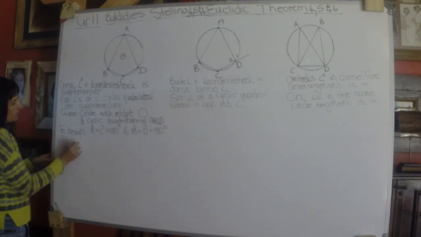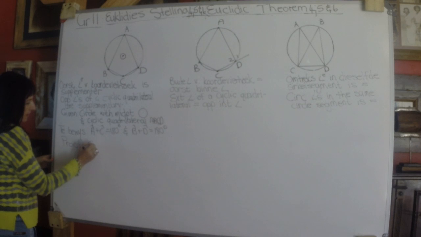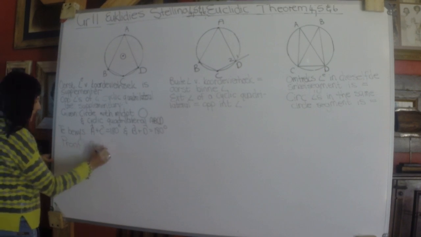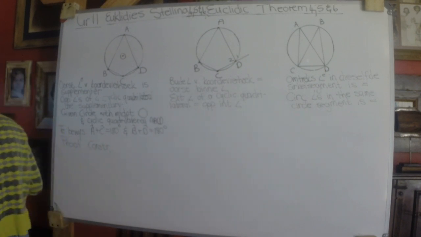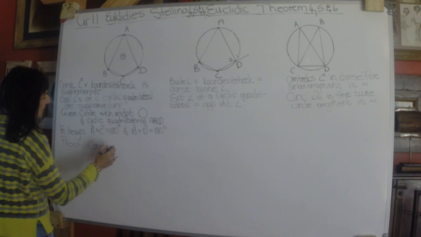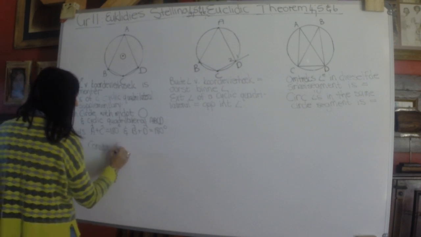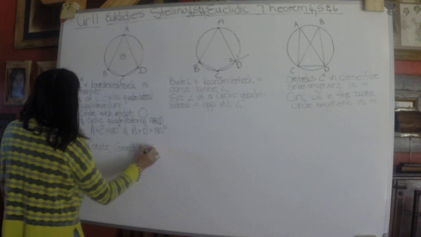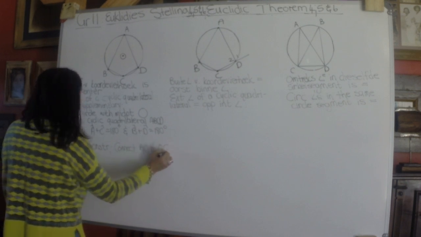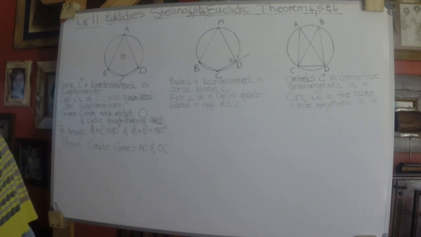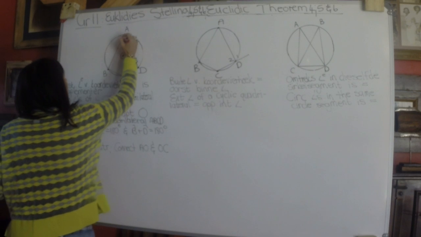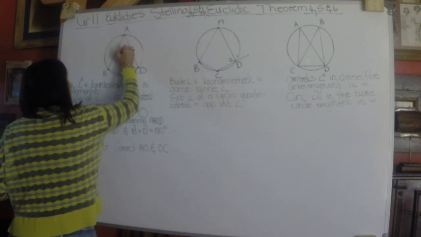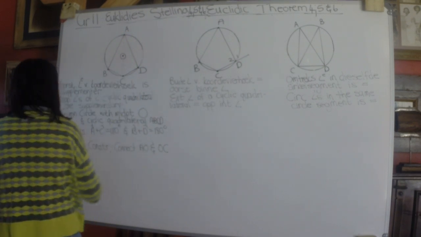And in this proof, there's also a construction. So the construction in words is connect AO and OC. Kom ons doen dit in woorde en ons doen dit in die fisiese konstruksie.